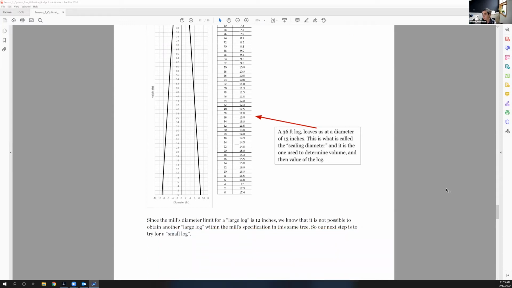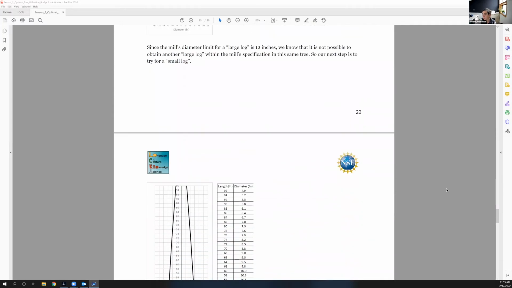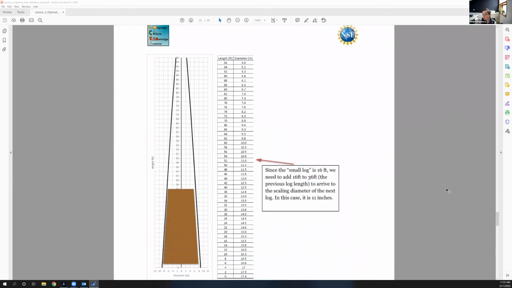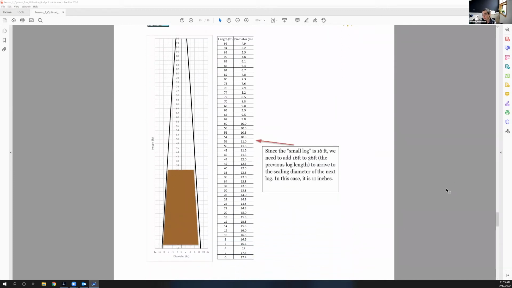So we continue to the next page, in which the first log is painted in brown. And since we already have the first log at the bottom, we can certainly try for a second large log of 36 feet.